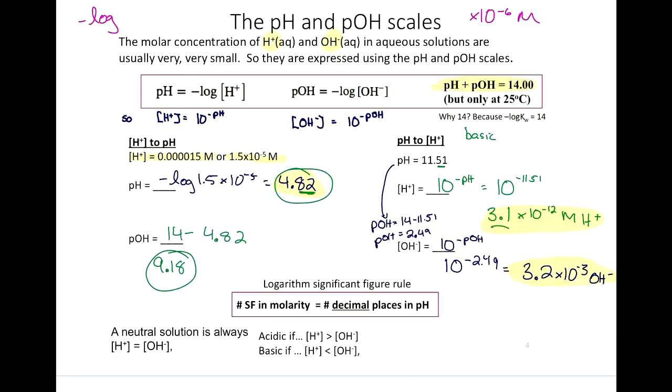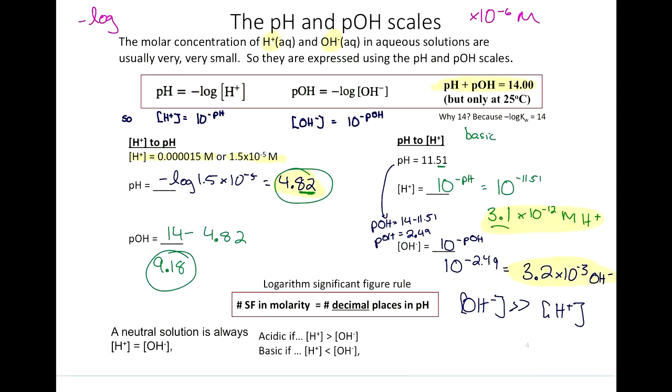To the negative 12 means we have to move the decimal place 12 times, so that's a really small number, versus to the negative 3 hydroxide, we only move the decimal place over 3 times, so our hydroxide concentration is much, much greater than our H plus concentration because the OH minus value is a lot larger.